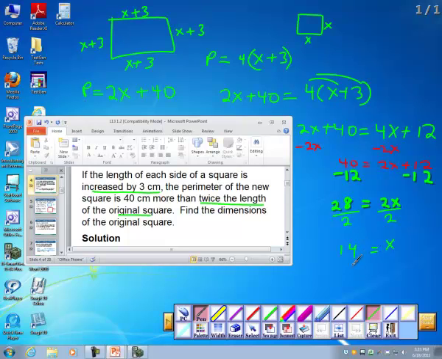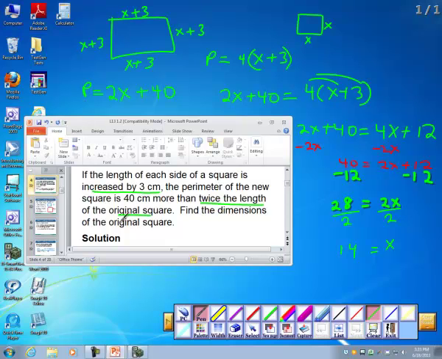Well, what does that represent? Find the dimensions of the original square. Okay? So here we're looking at x equals 14. But we want the perimeter of the new square.